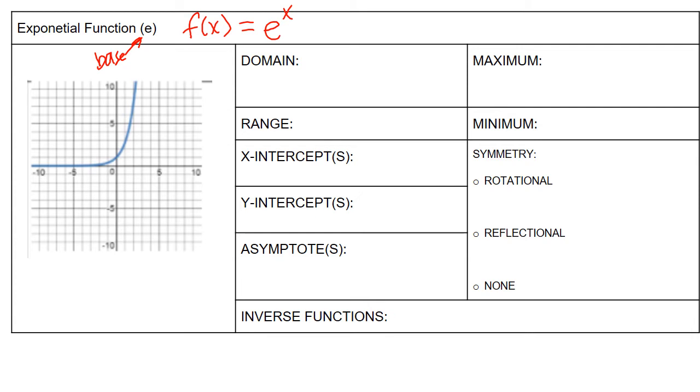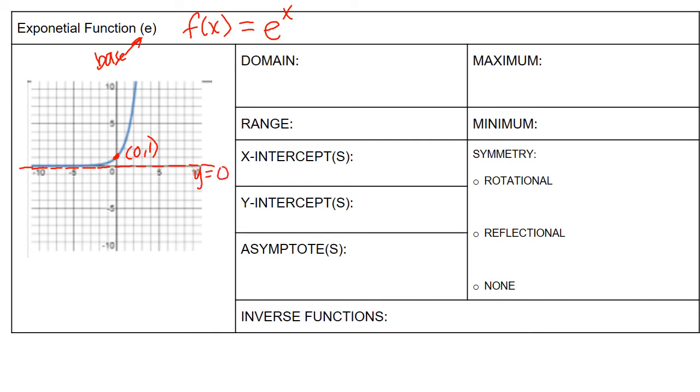So when we look at this graph, we're going to look at a couple key points. Notice here how my y-intercept is at 0, 1. And even though it looks like I'm touching the x-axis, I'm actually not. There's an asymptote on the x-axis at y equals 0.